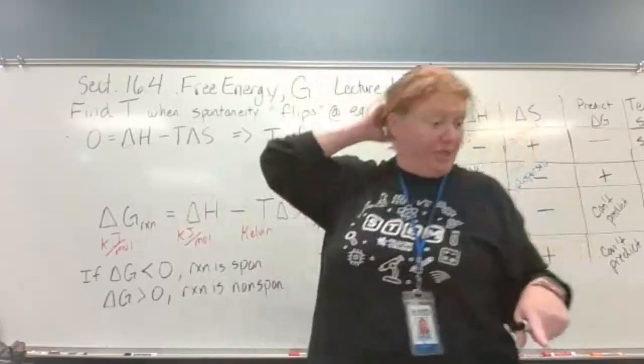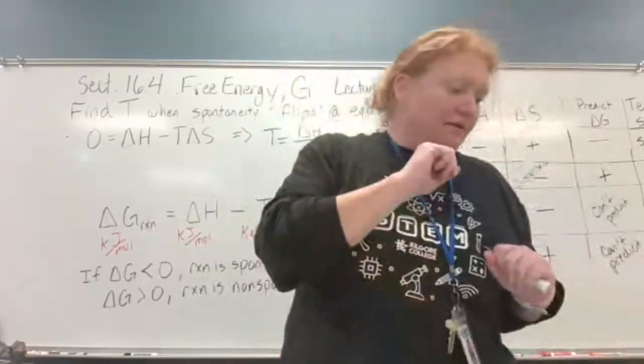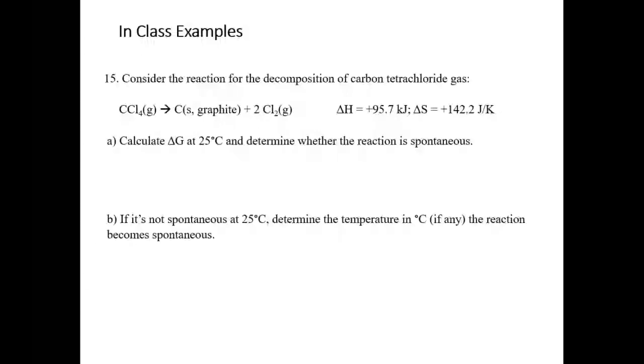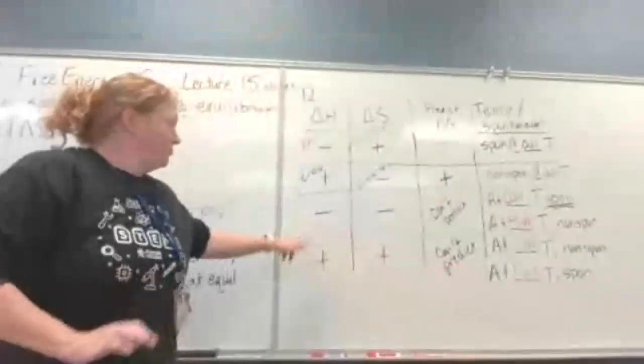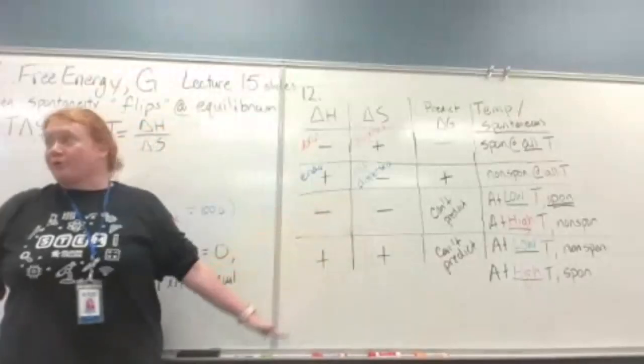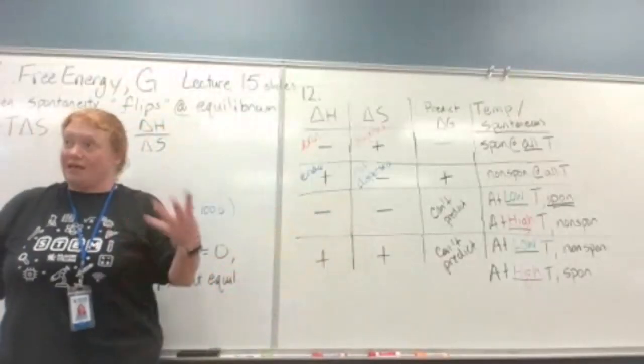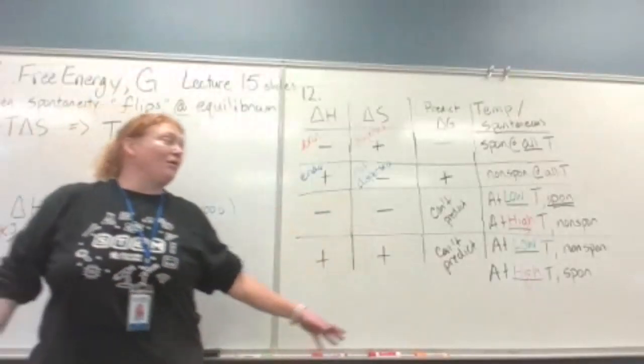You guys tell me, looking at delta H and delta S, can you predict if it's a spontaneous reaction? No, we cannot. Why? Both of these values are positive. When that is the situation, we cannot predict. We can only calculate with temperature.